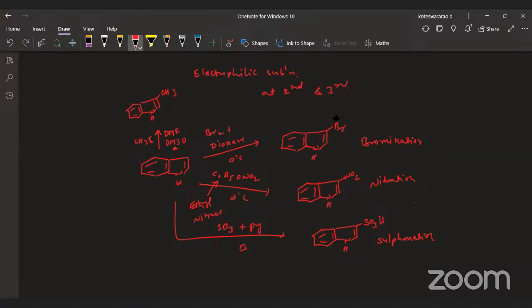Next, it also reacts with aryl diazonium chloride. In the presence of HCl, diazotization takes place.